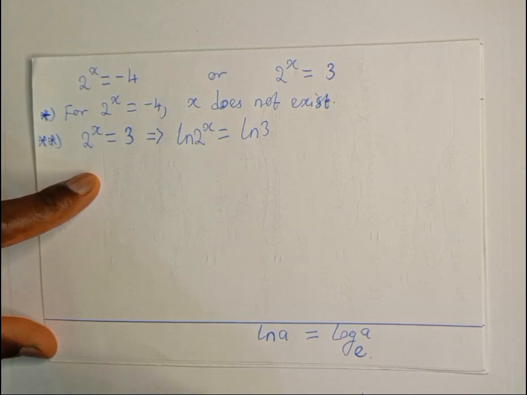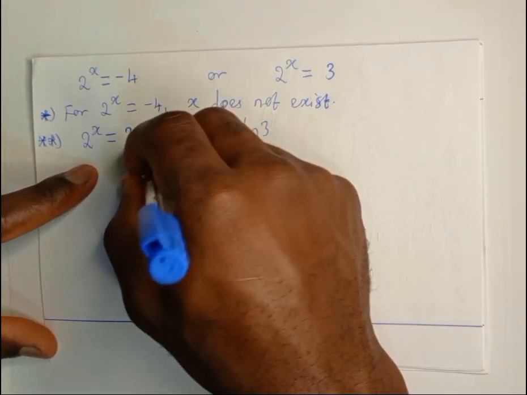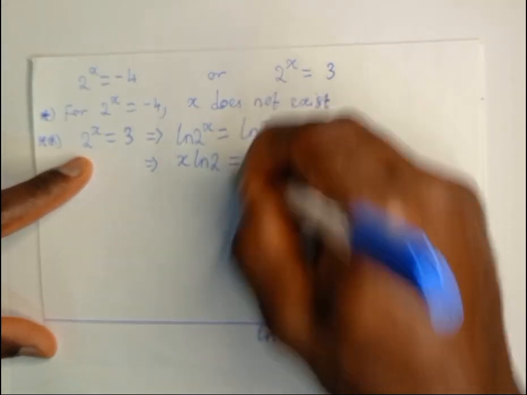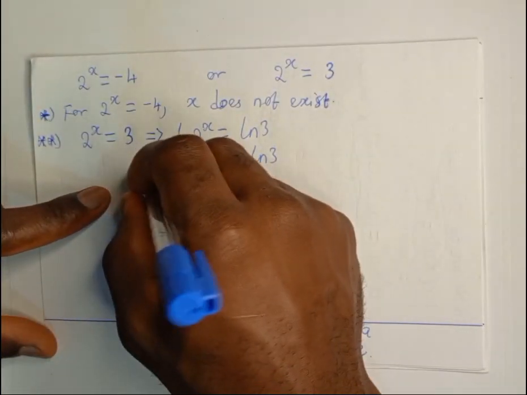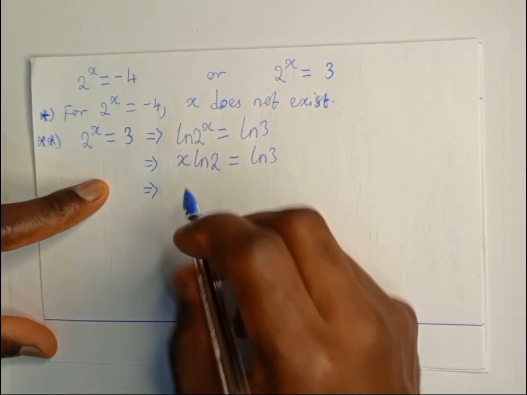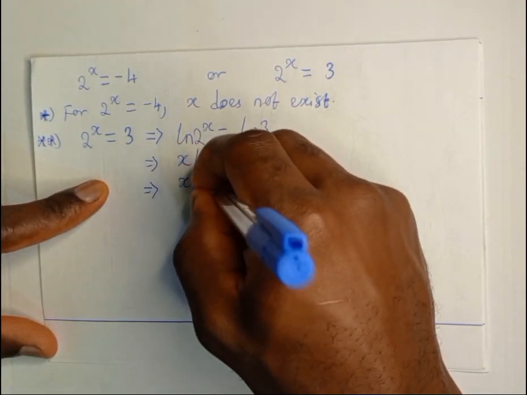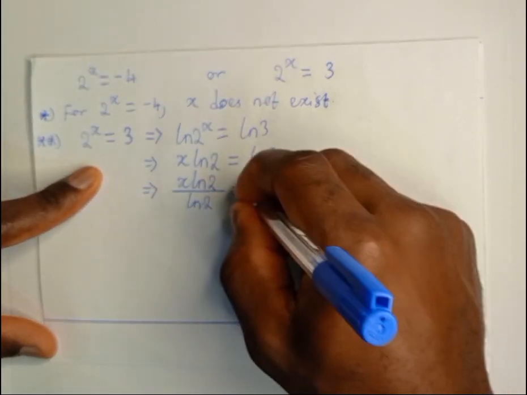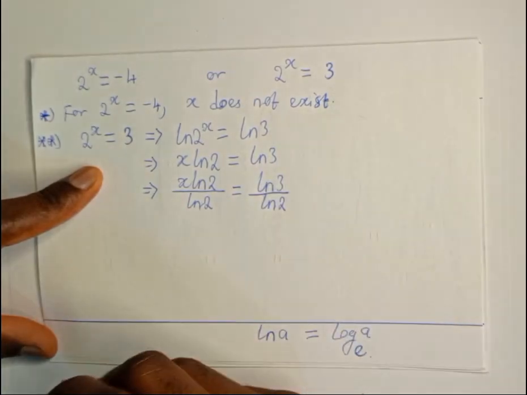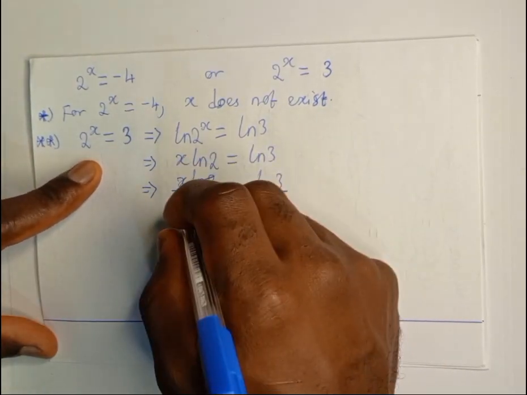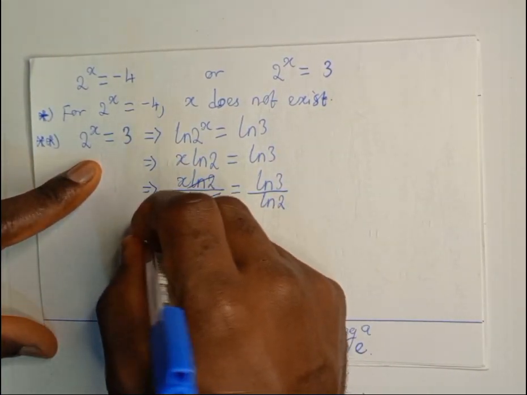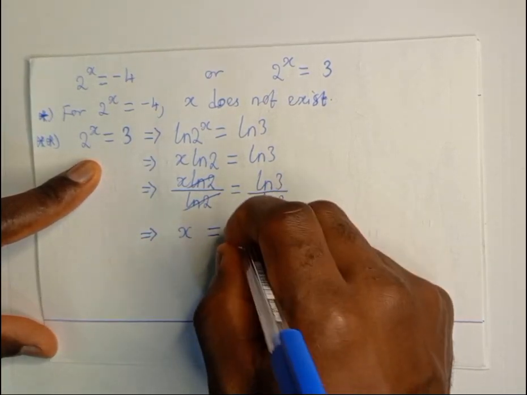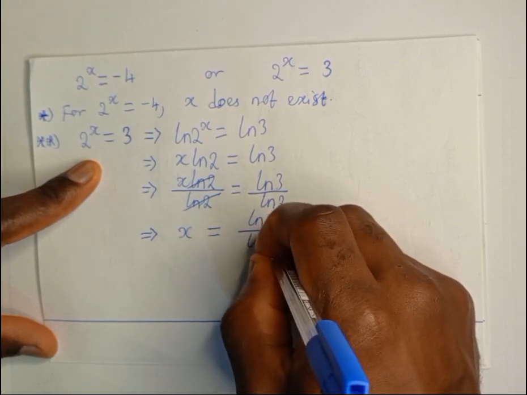By making use of the law of power, this will give us x ln 2 is equal to ln 3. Next step, we are going to divide both sides by the constant ln 2. x ln 2 divided by ln 2 is equal to ln 3 divided by ln 2. ln 2 will cancel ln 2. Then x will simply be equal to the ln of 3 all over the ln of 2.